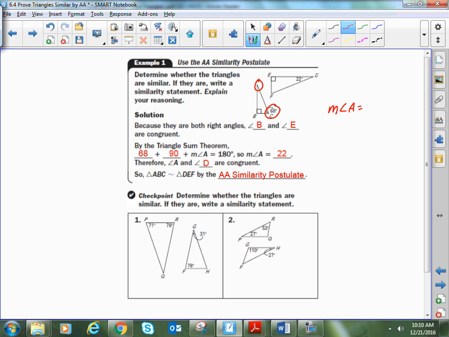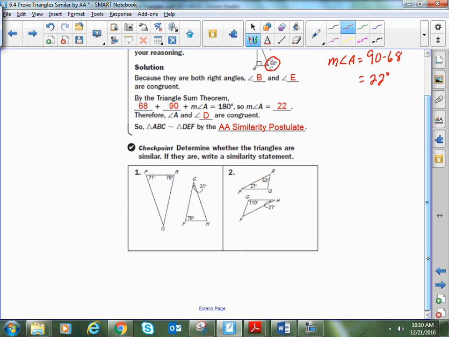So I would have said the measurement of angle A is simply 90 minus 68, which is 22 degrees. And then I would have said, take your pick: I have the 90 degrees at angle B, I have 22 degrees at angle A. So there are two angles that are congruent to each other, and therefore the figures must be similar to each other.